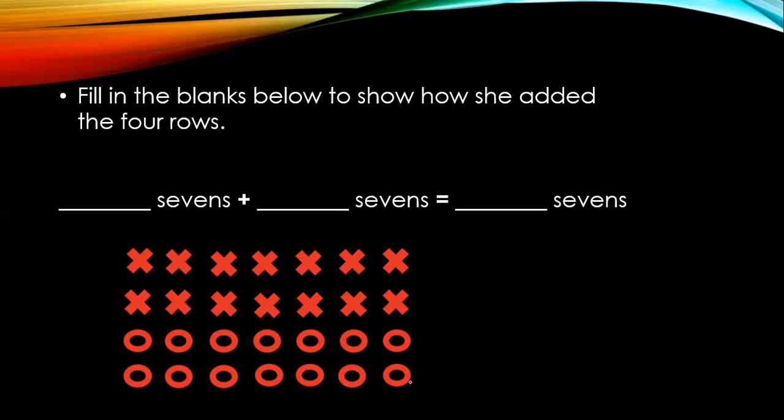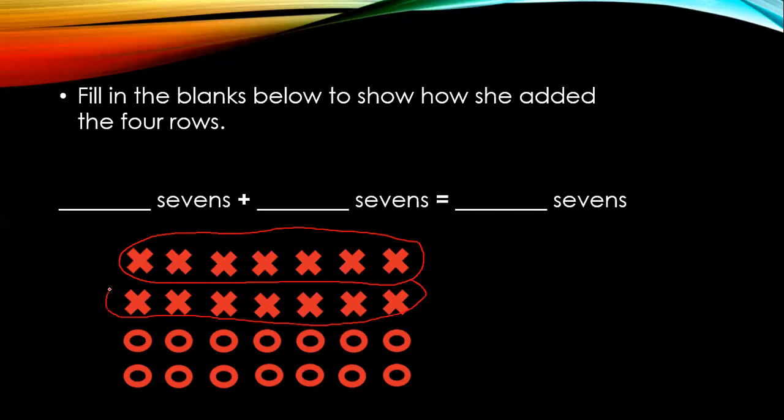Let's talk about how we got to these 4. How many 7s did we have with the first parking? Let's see the X's. There's 1, 7. And by 7s, that's our unit. That's the number of objects that were in that row. And 2 7s.